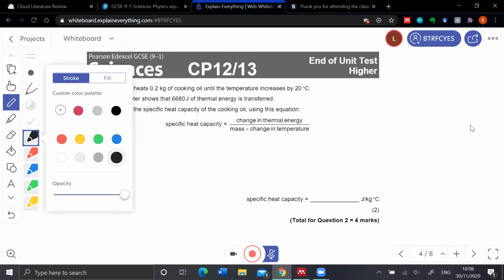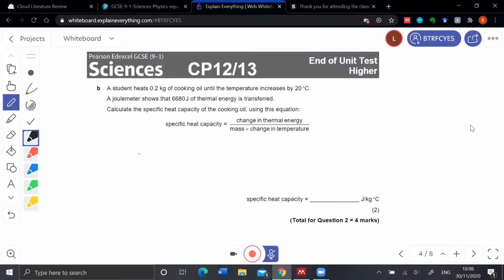Okay, so specific heat capacity. We're just copying out the equation and putting numbers in. So there's change in thermal energy.